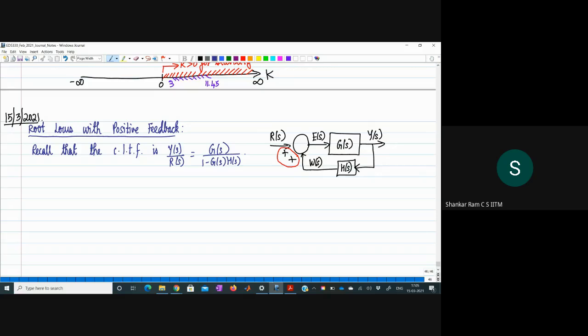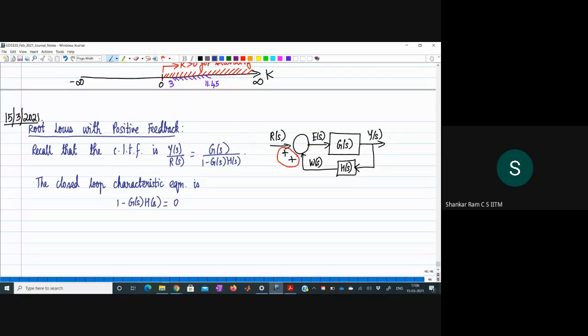So consequently, the closed loop characteristic equation is 1 minus G of S H of S equal to 0. Okay, so that's the change that we have as far as the closed loop characteristic equation is concerned.